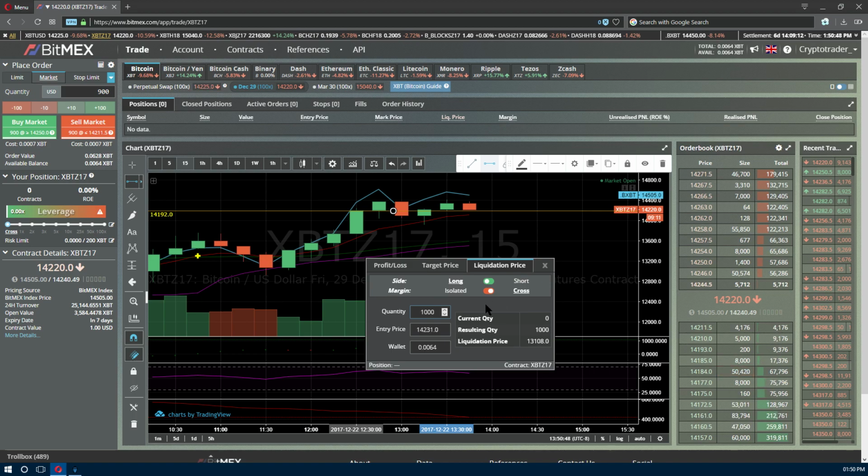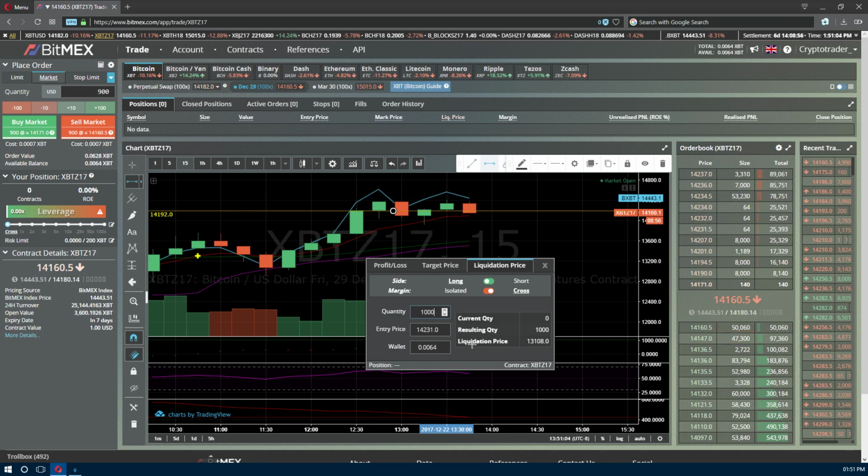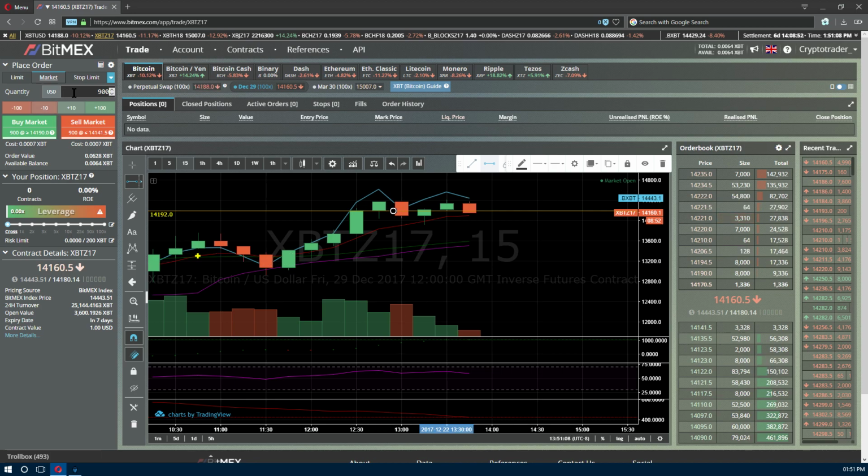Margin is cross margin. So when my balance goes bigger, my liquidation gets further away. That's cool. So it'll shrink if I lose, so we've got to be aware of that. And let's handle this $1,000.